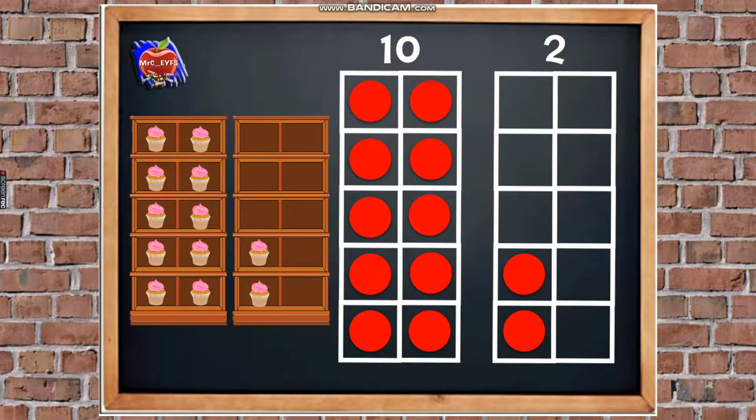A really quick method to help us count is just remember there are 10 in our first frame and we can count on from 10. So you ready? We can go 10, 11, 12. So we've got 12 counters there. You know that's a much quicker method than counting each counter one at a time.